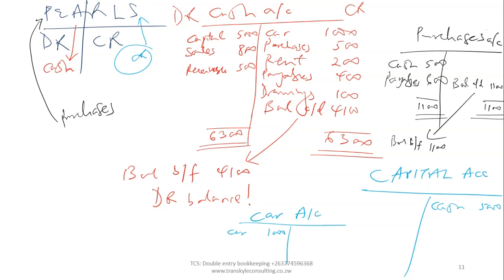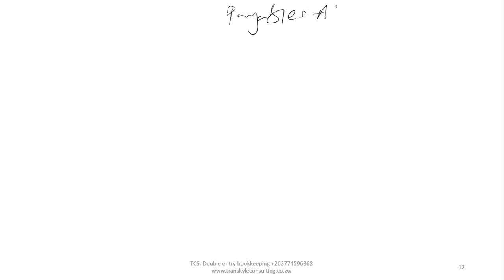Okay, and we can move across to the payables account itself. The payables account is different from the purchases account. The payables account only explains details about purchases which were bought on credit.